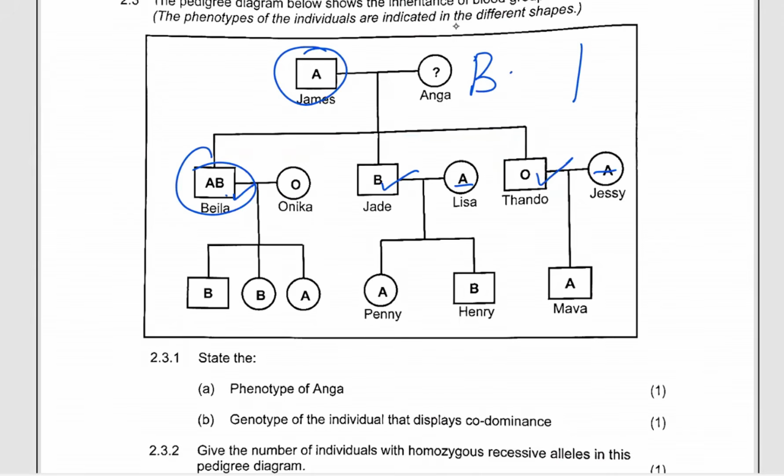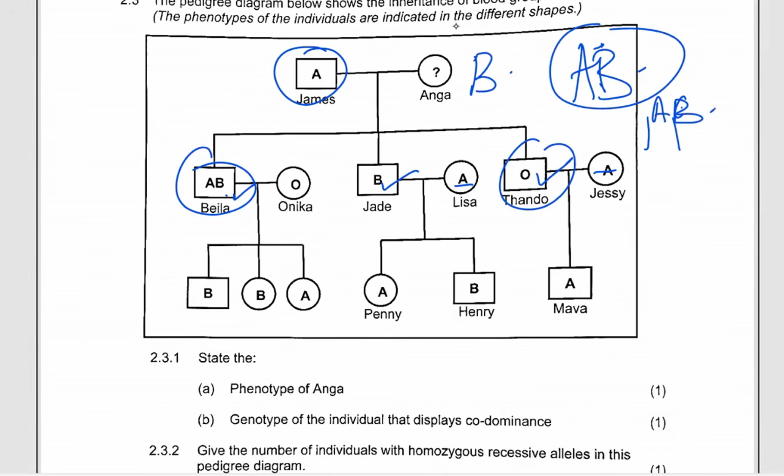Why not blood group AB? Because if there was blood group AB, then it means that the genotype is going to be like this. There is no way they're going to produce this. So it means that this one is blood group A, heterozygous, and this is blood group B, heterozygous, so that this and this combine and produce this. Yes, so it means that Anga was blood group B.